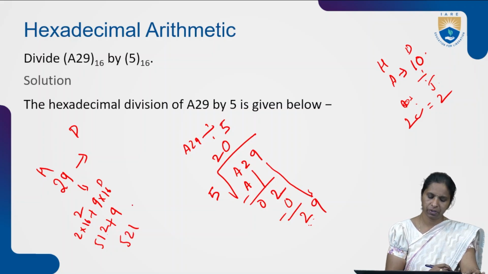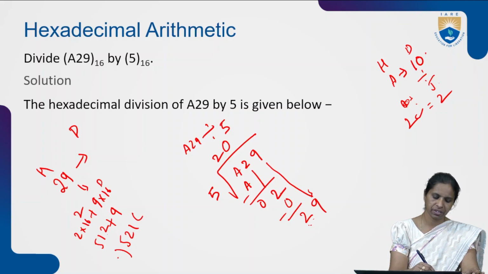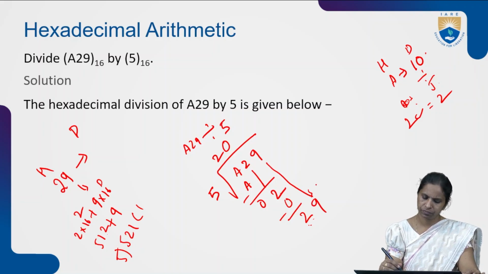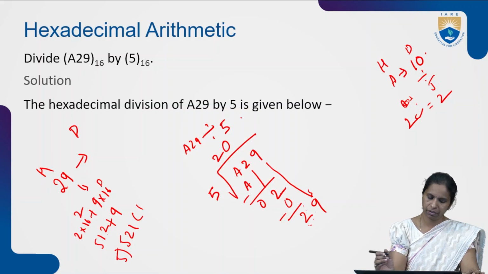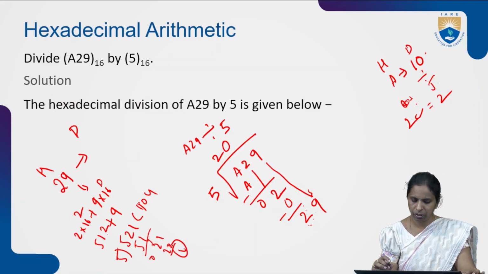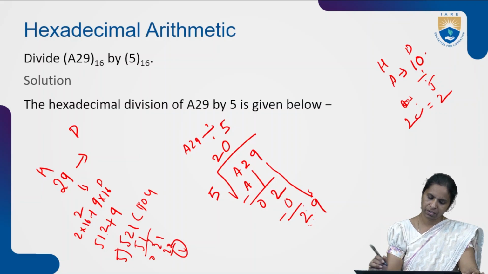So what is 41 divided by 5? 5 eights are 40 and the remainder is 1.